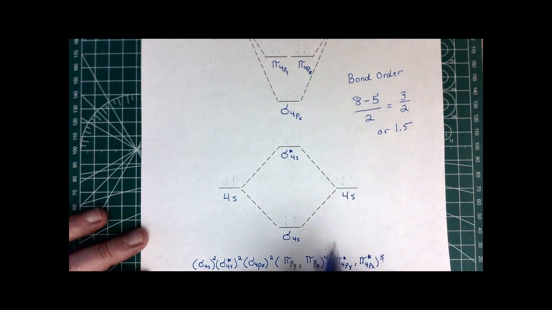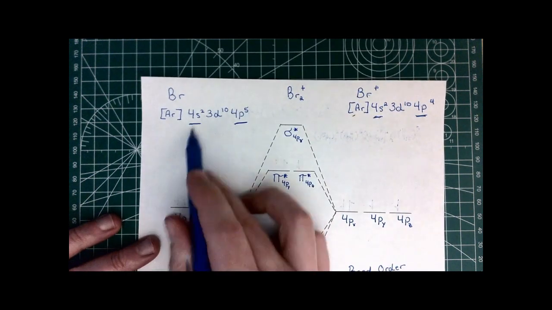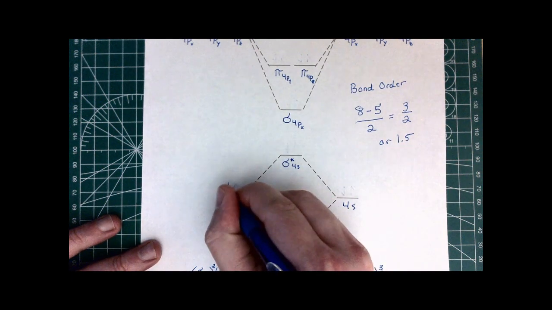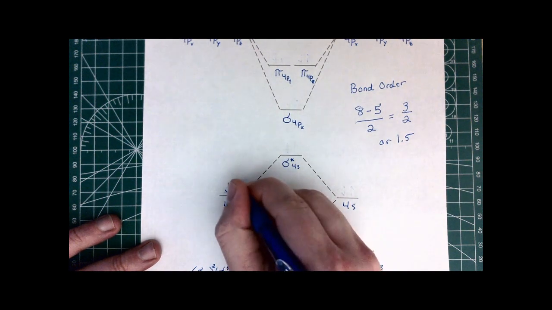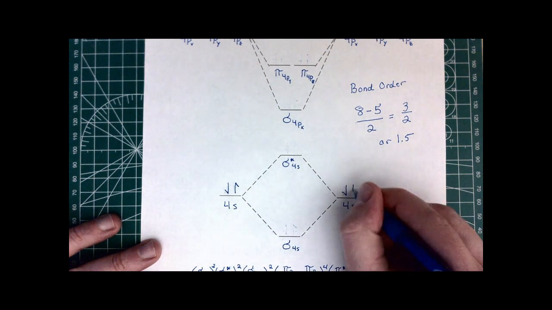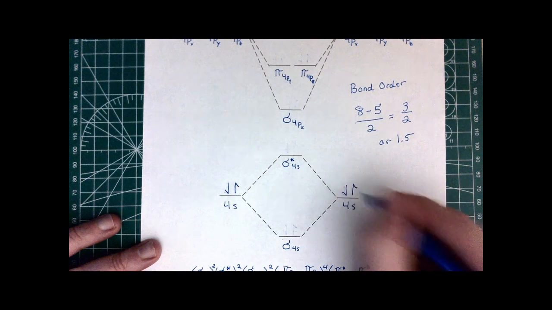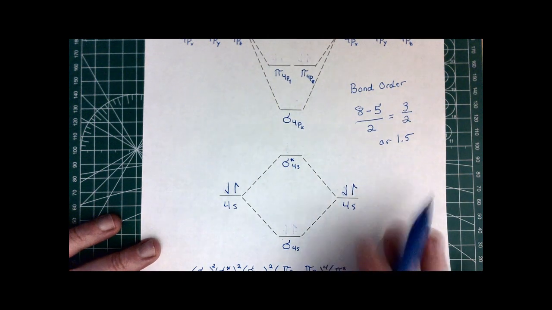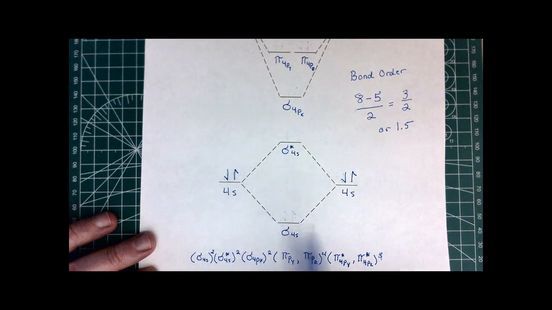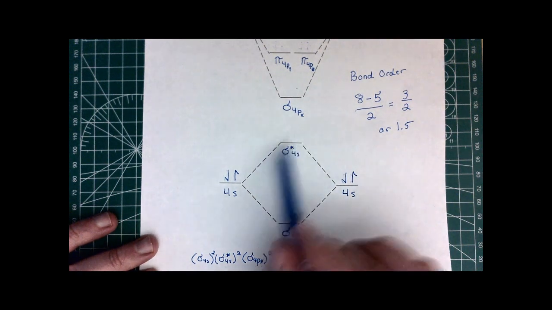So if we come here, we can see that we have 2 4s electrons here and 2 4s electrons there, and we will put them in with opposite spins because they cannot have the same spin inside of the orbital. That's an excited state when they have equal spins. So the lower energy state is with opposing spins. Then we can start filling them into our molecular orbitals.